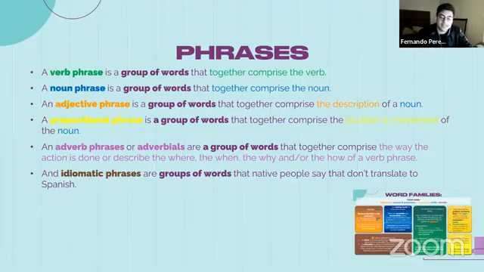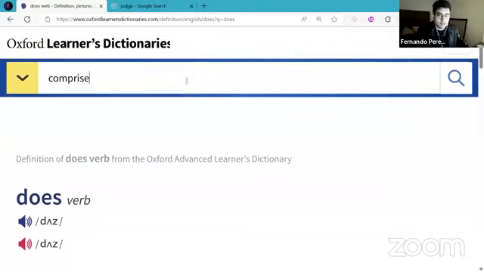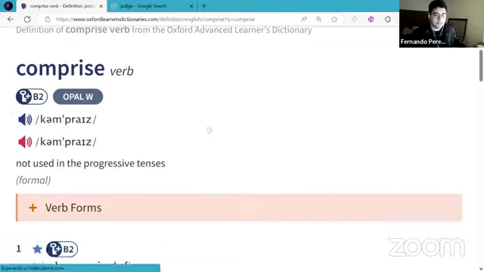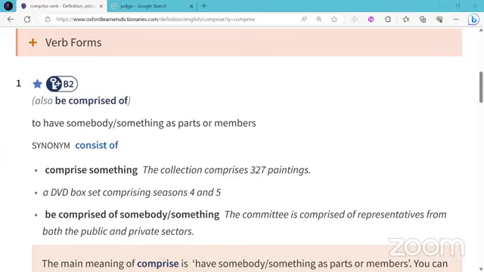What do you understand is comprise? Let's go to the dictionary. Comprise, B2. Give me the definition, Mitch. To have somebody, something as parts or members.